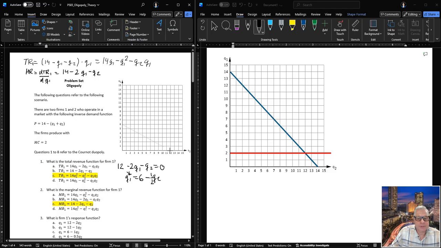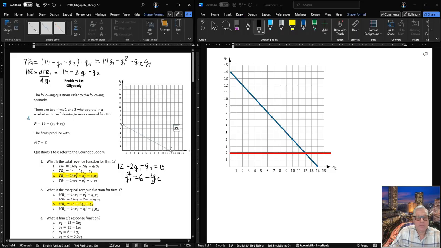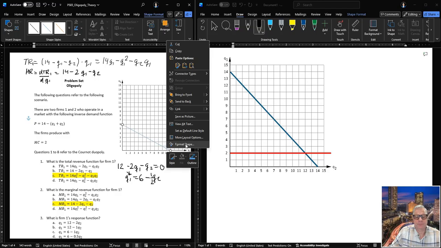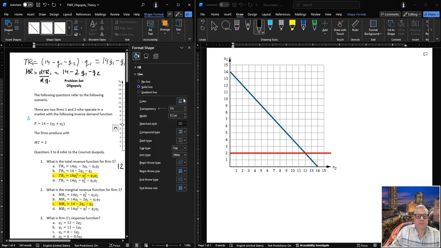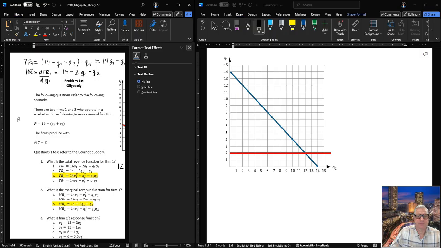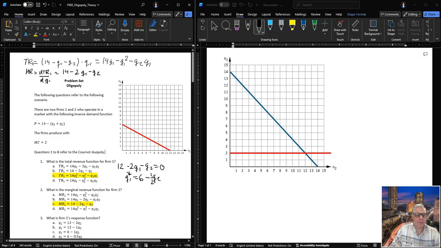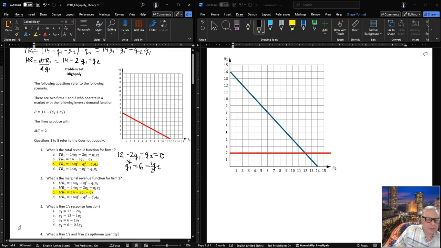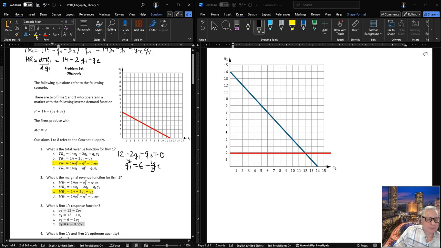So 6 minus 1/2 Q. Okay, so this is the red one.